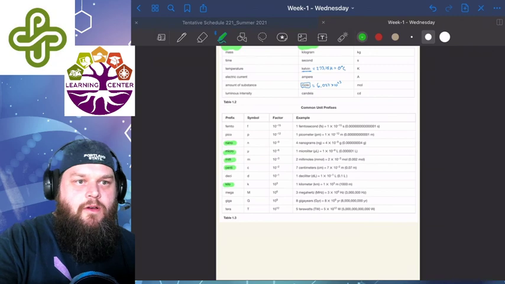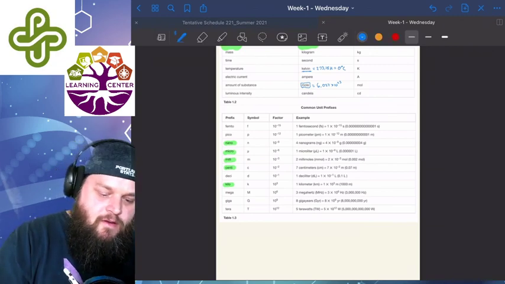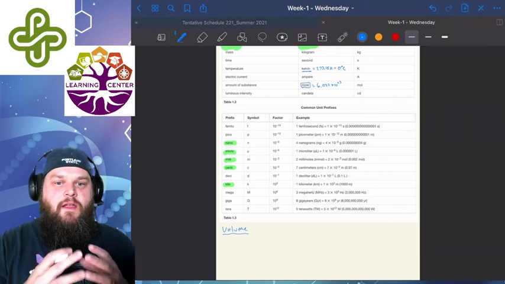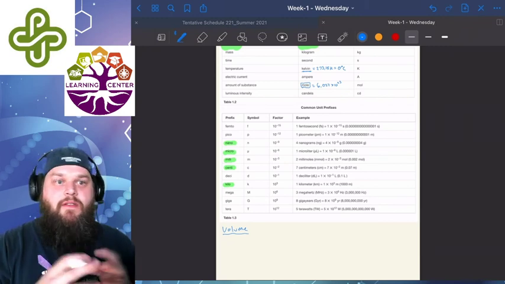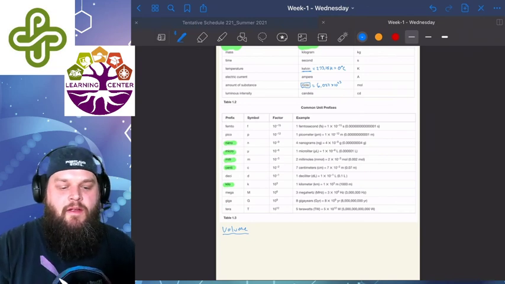There's also a few derived units, which are just kind of combinations of these. First one we'll say is volume. So volume, you might be somewhat familiar with. It's the volume of a container. So it's length times width times height, for example.